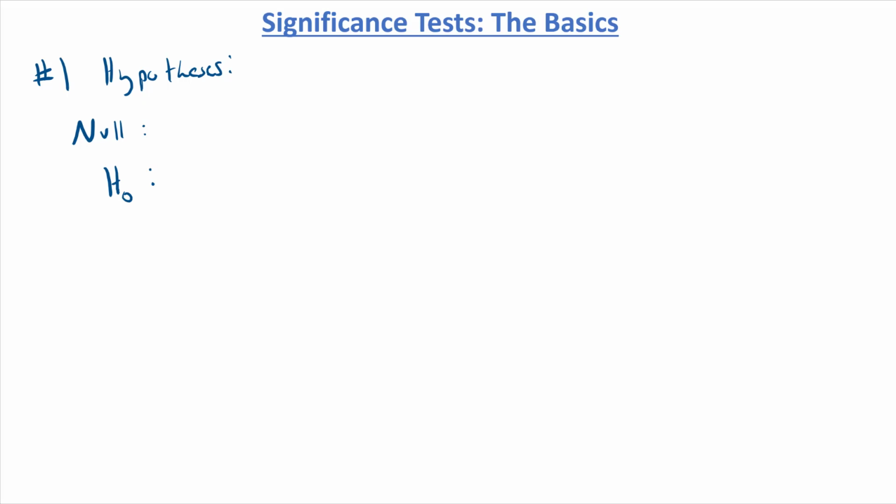So with your null hypothesis, you could have proportions or means as well. So in this case, you would have your mean value or your proportion value, and that would be equal to the null value that's given to you in the problem.